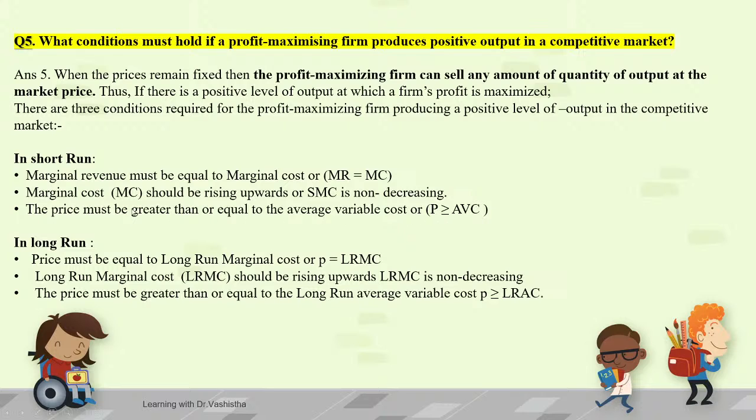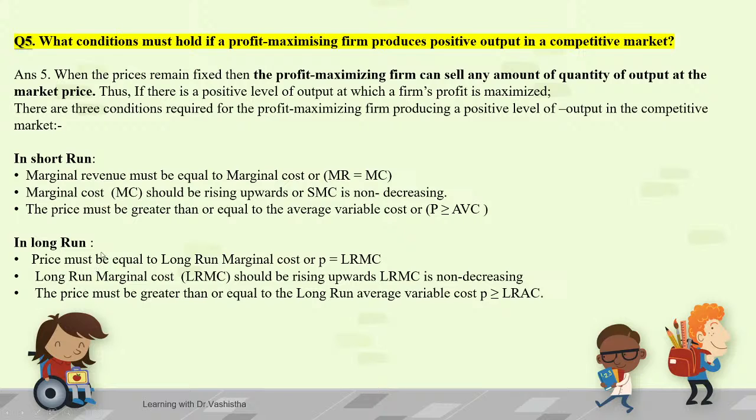So the price must be at a level where it is more than or equal to average variable cost. It shall not go below this. So these are the 3 conditions where the firm will maximize its profit if it is producing positive output in a perfectly competitive market.